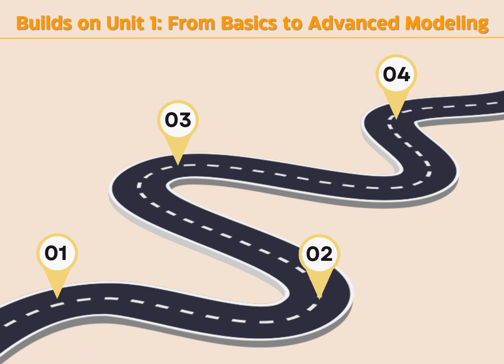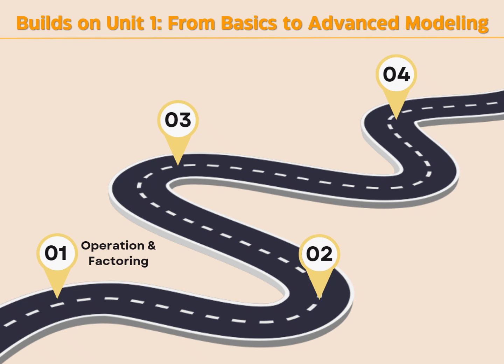So what's the big picture here? Unit 2 is all about polynomials and rational functions, starting simple and ramping up the challenge. First, we begin with the nuts and bolts, performing operations like adding, subtracting, multiplying, and even dividing polynomials. So think long division or synthetic shortcuts.